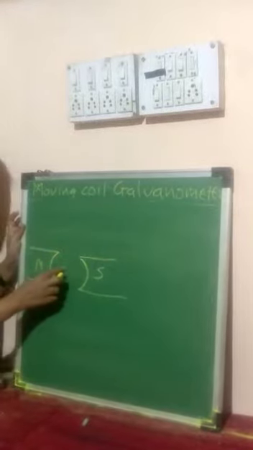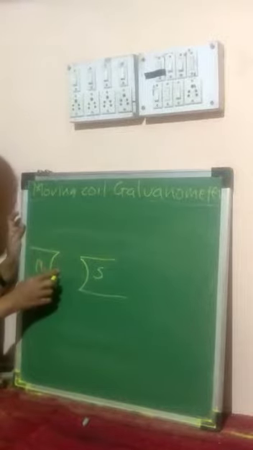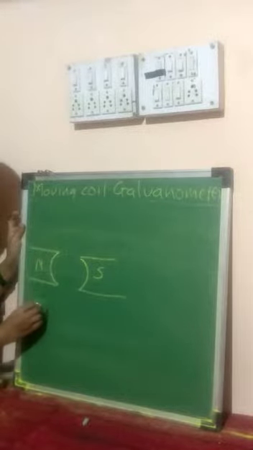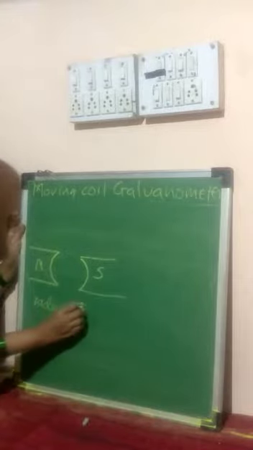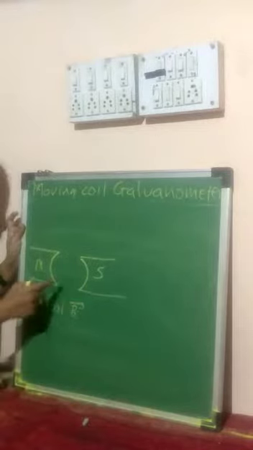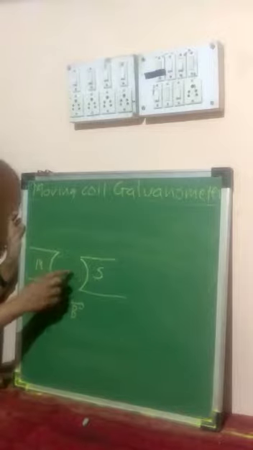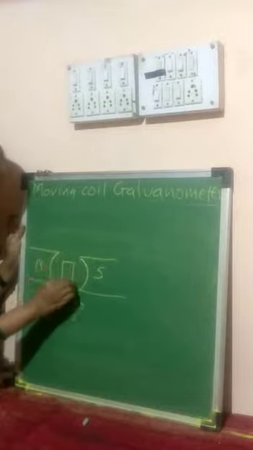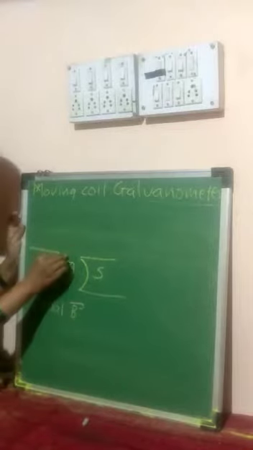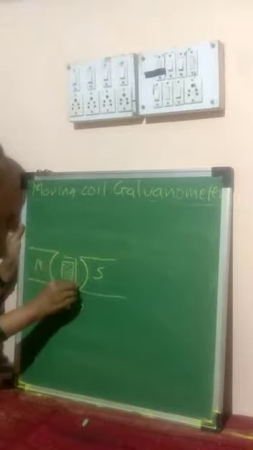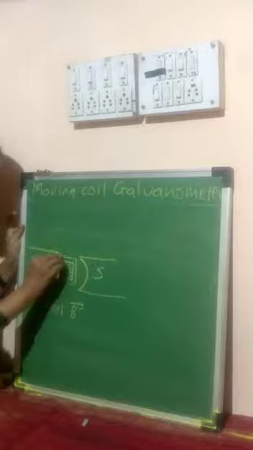Now why this concave pole pieces of the magnet? This concave pole pieces of the magnet provides a radial magnetic field of induction B. In this radial magnetic field there is a core, and over this core a coil is wound having a certain number of turns.